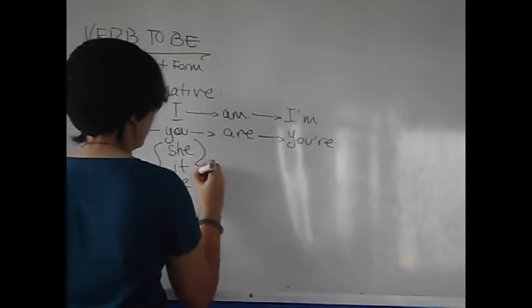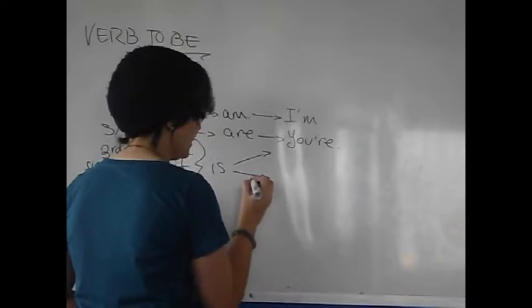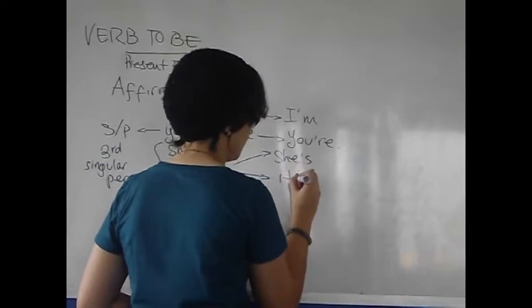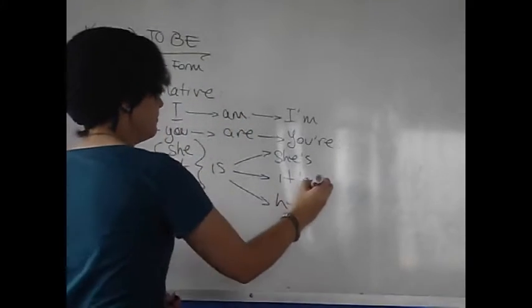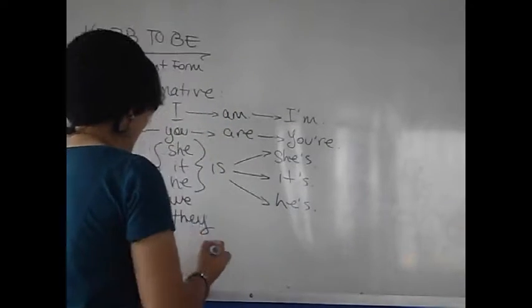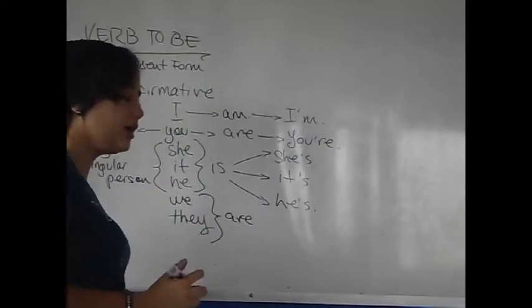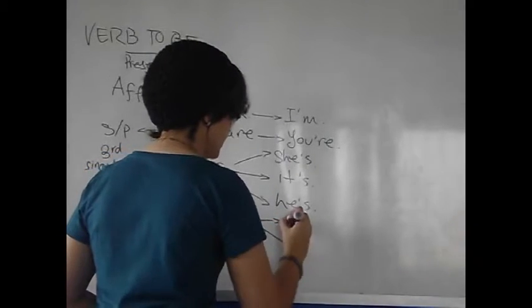Then these three, which go with is, and their contractions, right? Then we have these two, which are plural, they use are, and their contractions.